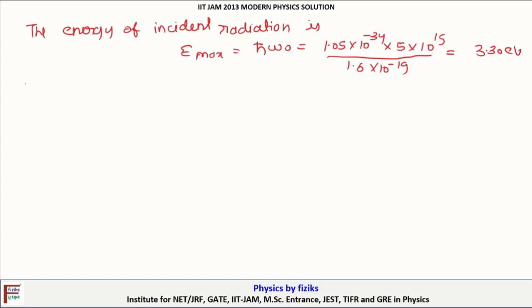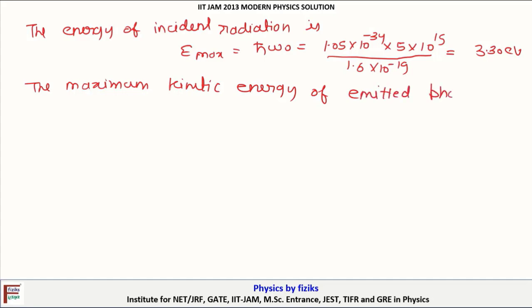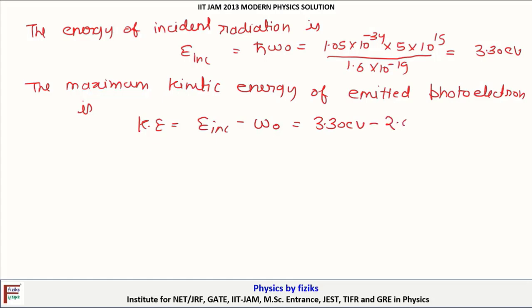Thus, the maximum kinetic energy of the emitted photoelectron is K equals E incident, or I would be changing here max to incident, minus W naught, that is 3.3 electron volt minus 2.0 electron volt, which is 1.30 electron volt.